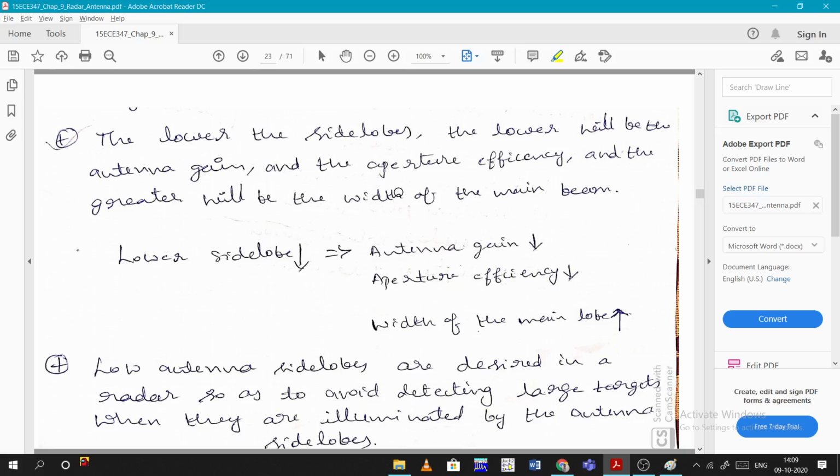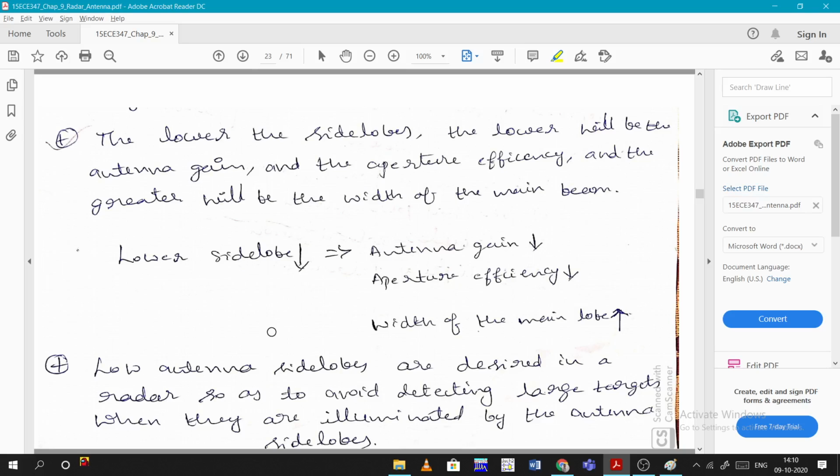Low antenna side lobes are designed in a radar so as to avoid detecting larger targets when they are illuminated by the antenna side lobes. Basically, when you have low antenna side lobes, they won't detect the other targets. You understand?